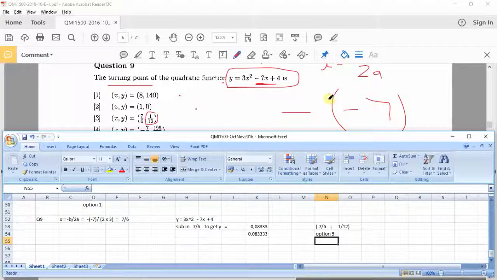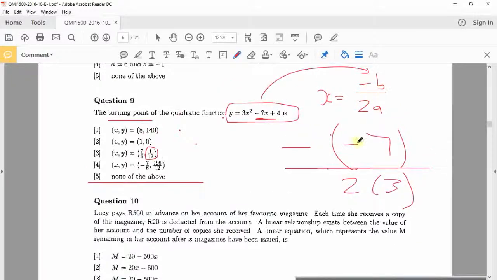Let's just double check. Yeah, positive. It's 7 over 6. So that's correct. It's just when you plug it in. On your calculator, can you plug in 7 over 6 there? And can you plug in 7 over 6 there? And see what you get. Do we get a positive or a negative?